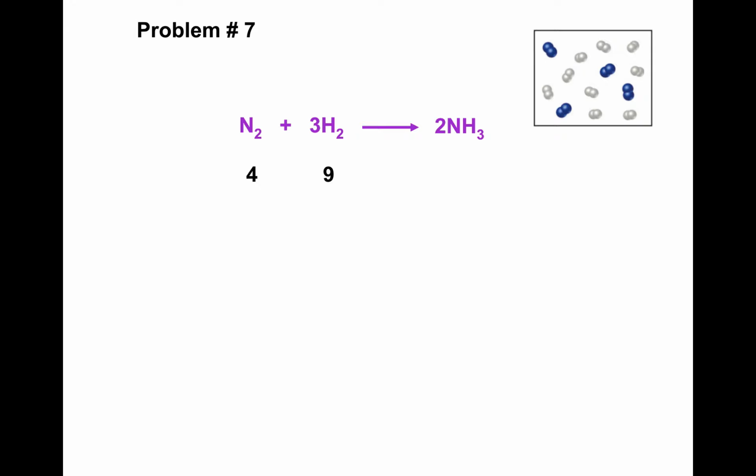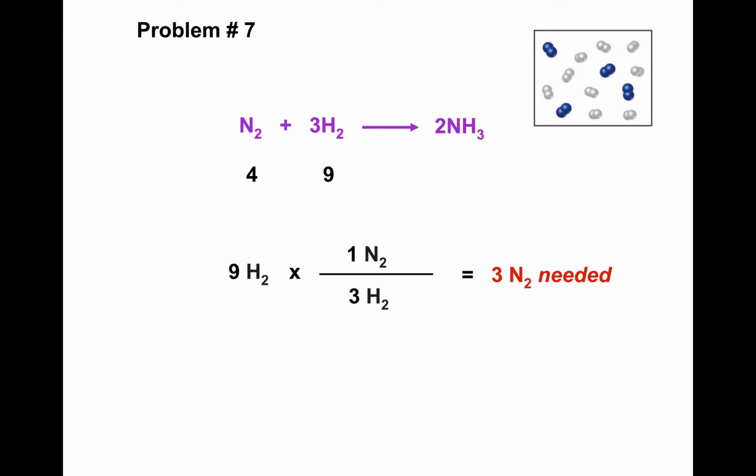So in the picture, if you count them up, you've got 4 blue ones and 9 white ones. So I ask myself the question, doesn't matter which one I ask: if I have 9 hydrogen, is that enough hydrogen to burn up the 4 nitrogens? So I do a conversion. According to the balanced equation, for every 3 hydrogens, I need 1 nitrogen. I would need 3 nitrogens to react with those 9 hydrogens.